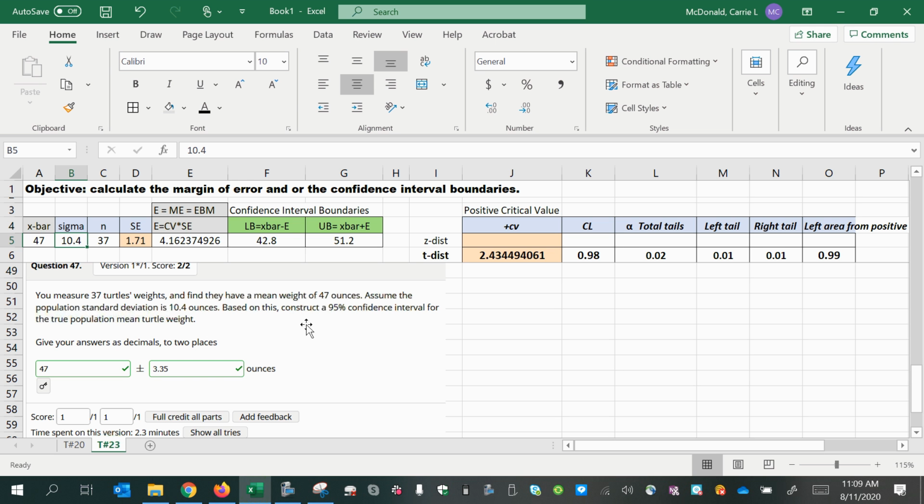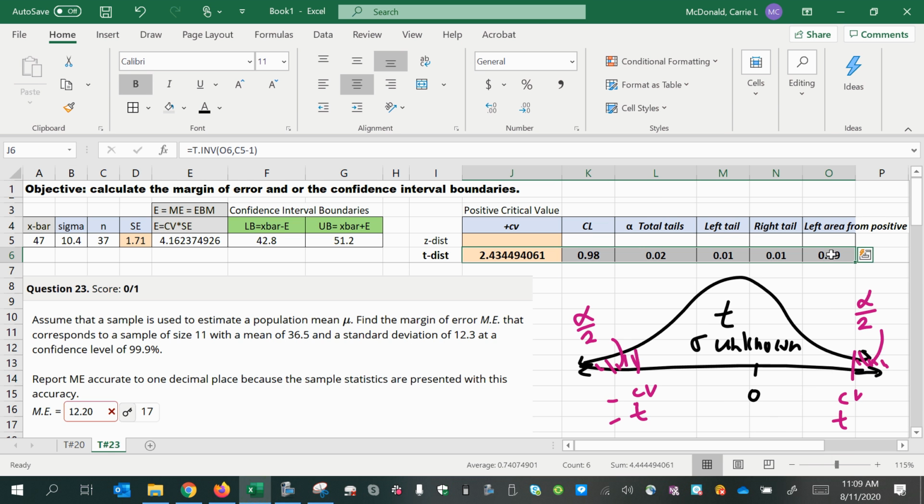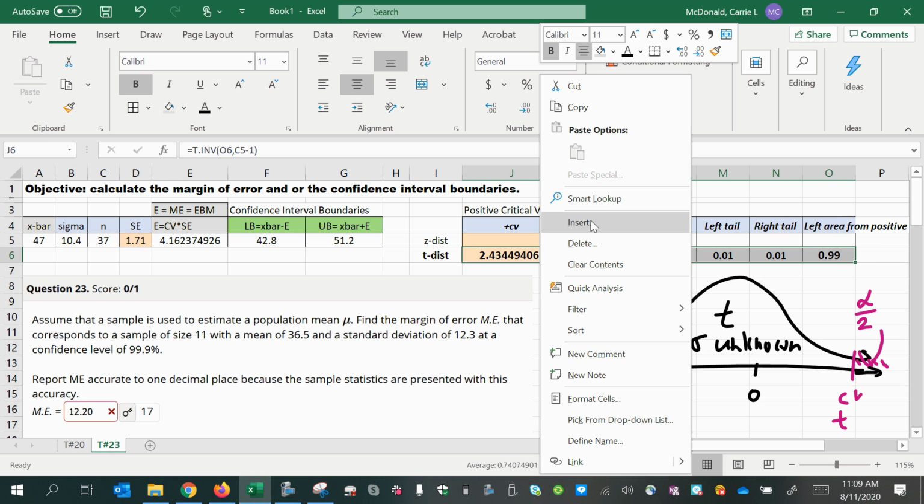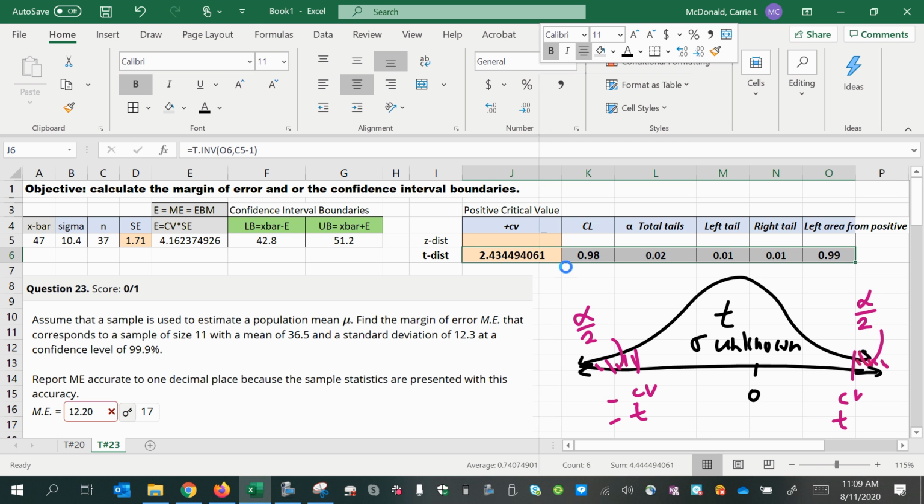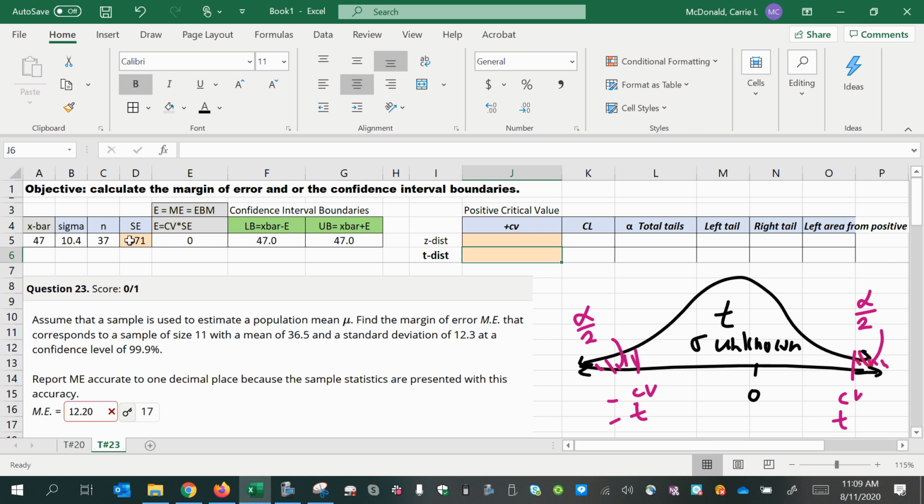And based on this, construct a 95% confidence interval. Well, now I don't want to use this anymore because it's the t distribution, which I would be using if I didn't know my true population standard deviation. But I do. So I'm going to be doing a z-test instead.